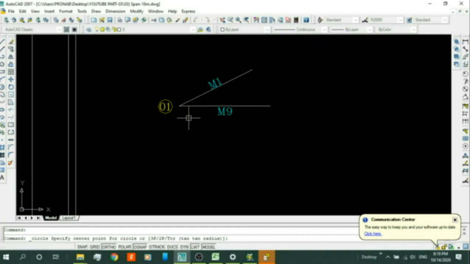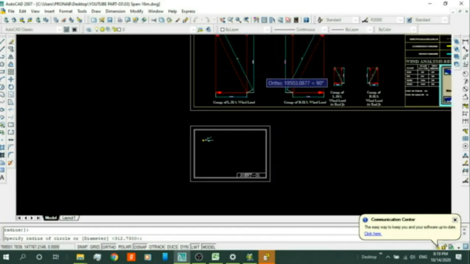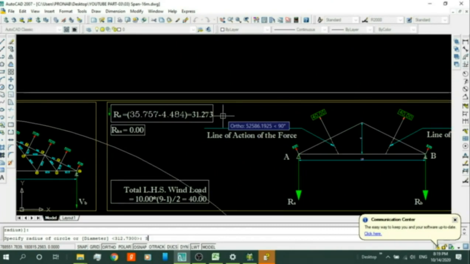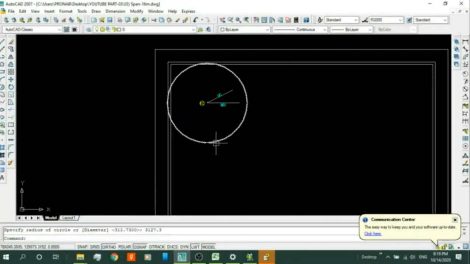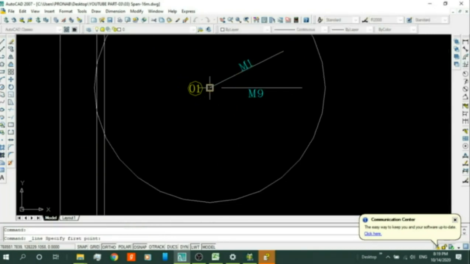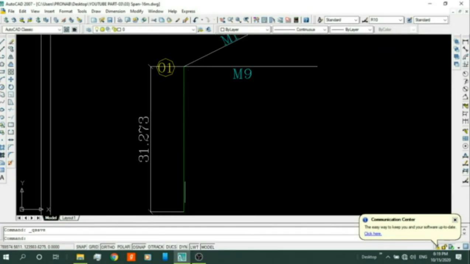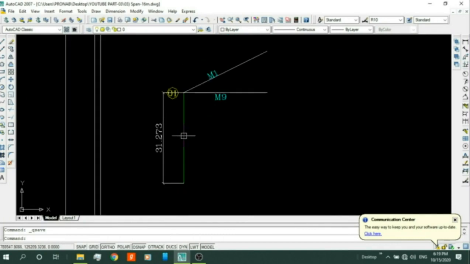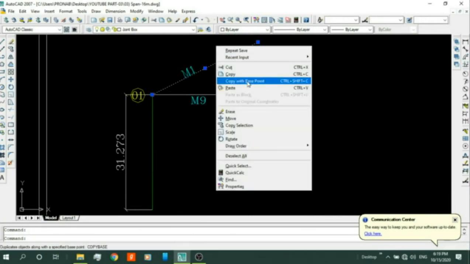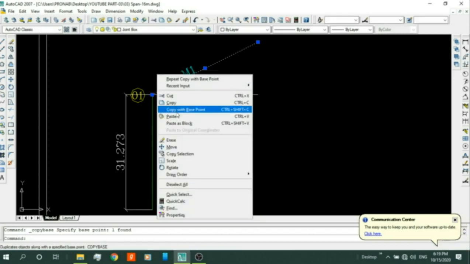Draw a circle of radius 31273. This is vertical downward reaction. The value of this reaction force is 31.273. Now copy this line, paste here.